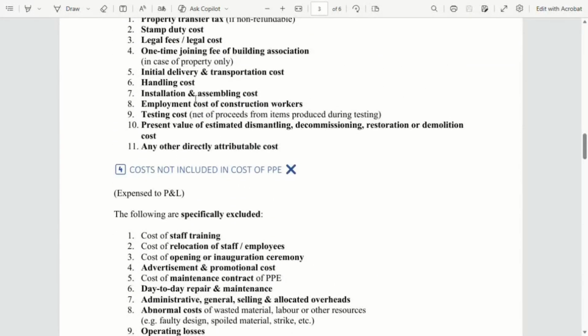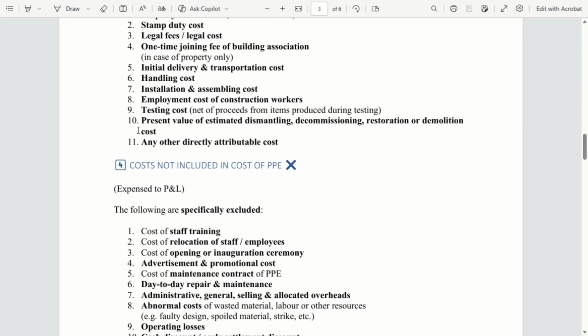Here one more important point is this one: present value of estimated dismantling, decommissioning, restoration and demolition cost. So if we need to incur any cost after 5 years, or, take an example, after 10 years, that cost we record at a present value.